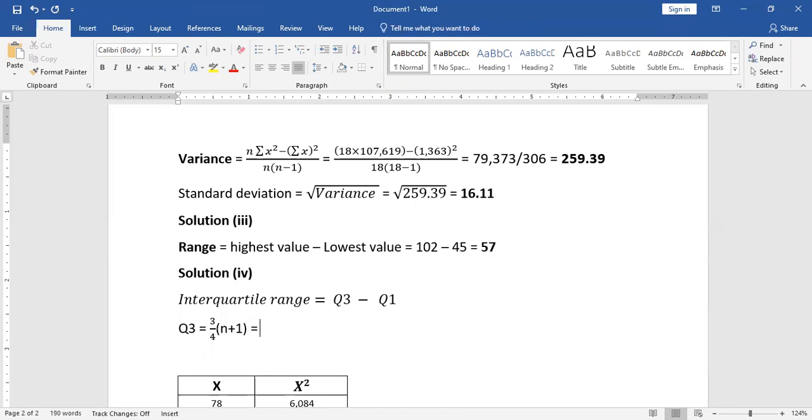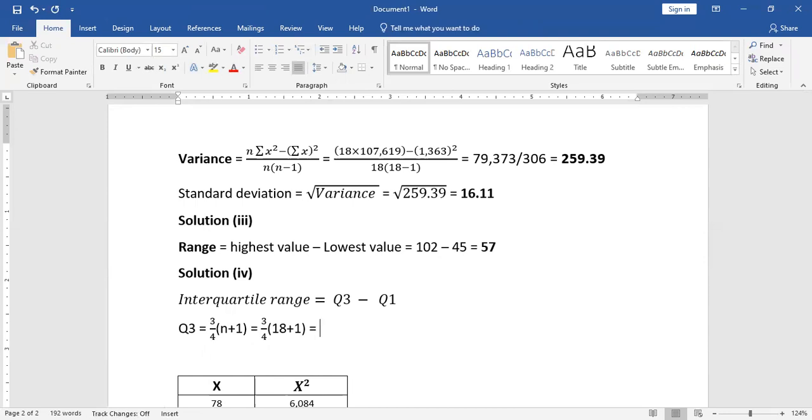That's the formula for calculating the position of quartile 3. So n is 18.